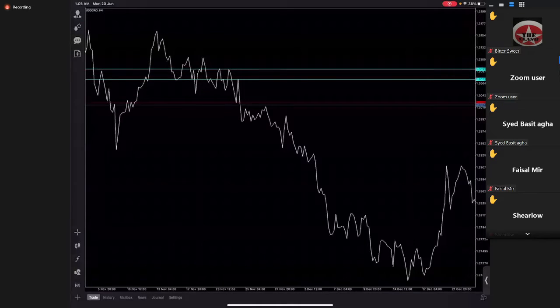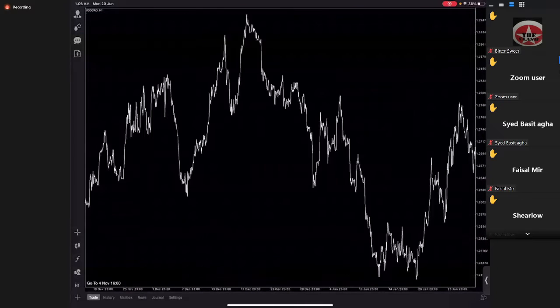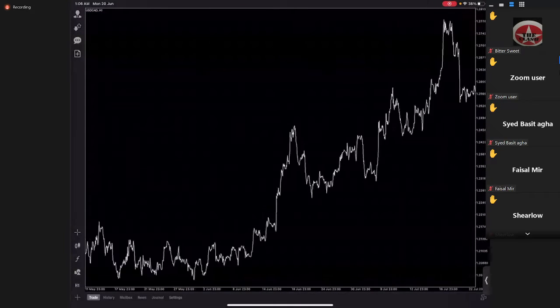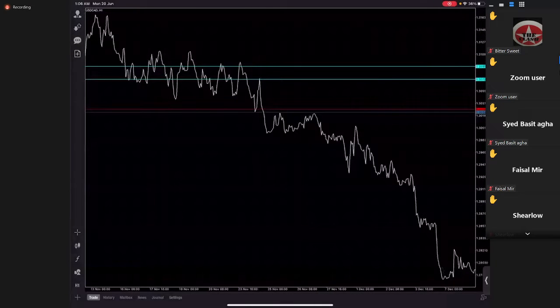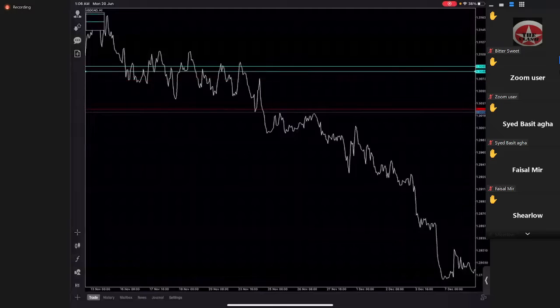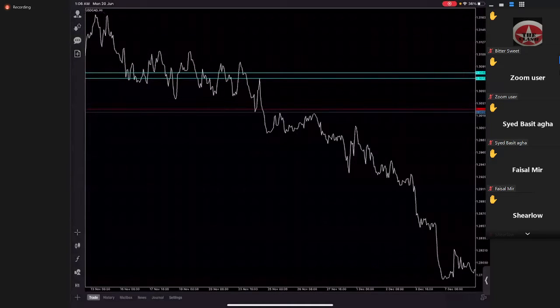This is H4, turn to H1. Set up zero floating maybe.